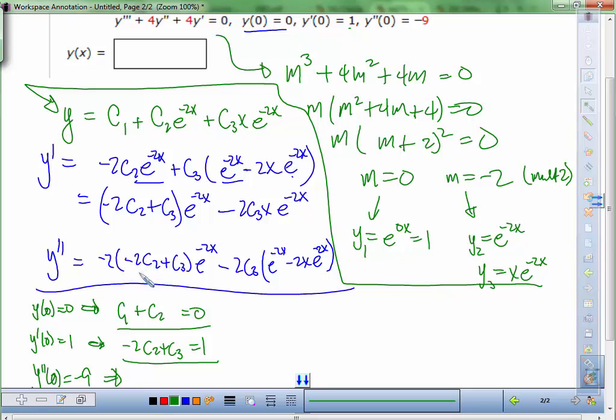We go to y double prime. Let me just multiply this out, and I'm going to put 0 in for x, and that's only going to get rid of one term here. So I'll have two terms for the first term, and then I'll have this term. But I'll multiply this out just to make it a little bit easier. I got 4c2 minus 2c3, and then I'll have minus 2c3 equal to -9.